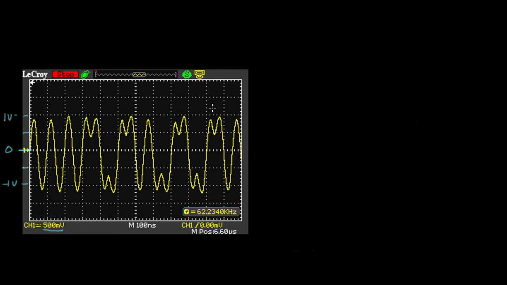Now, in the horizontal direction, this is telling us that each division represents 100 nanoseconds. So from here to here, for example, is 100 nanoseconds. And just to remind ourselves, 1 nanosecond is equal to 10 to the minus 9 seconds.